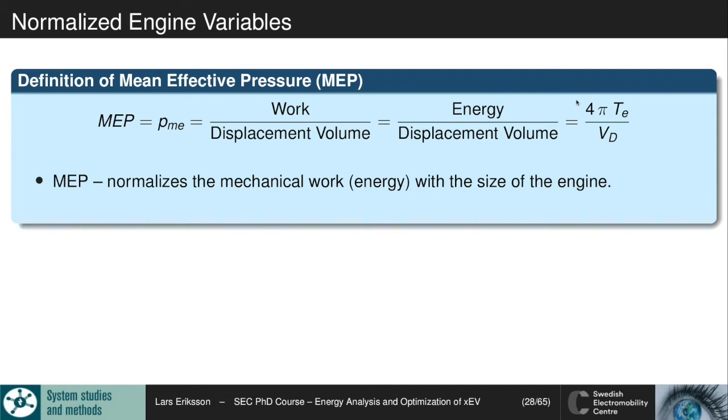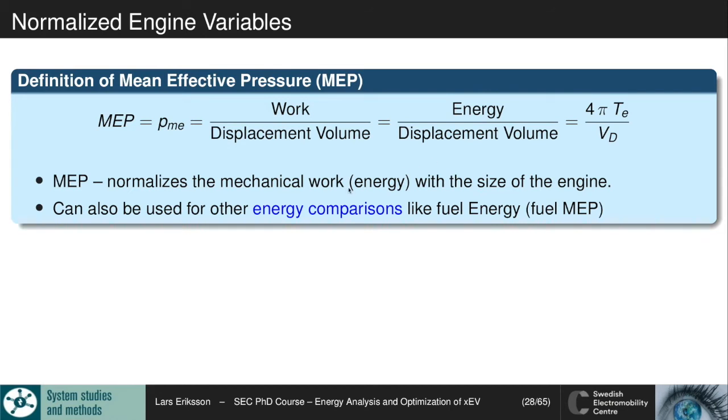When we do the calculation, the work that we produce with the engine is the integral of the torque over the revolution. This is the work per cycle, and this is the displacement volume that we have available to it. This could also be used to define other energy. If we don't look at the mechanical work here, we can use another type of energy, for example the fuel energy.